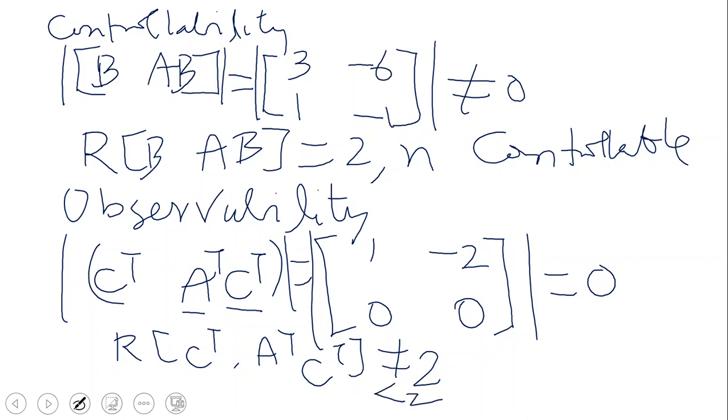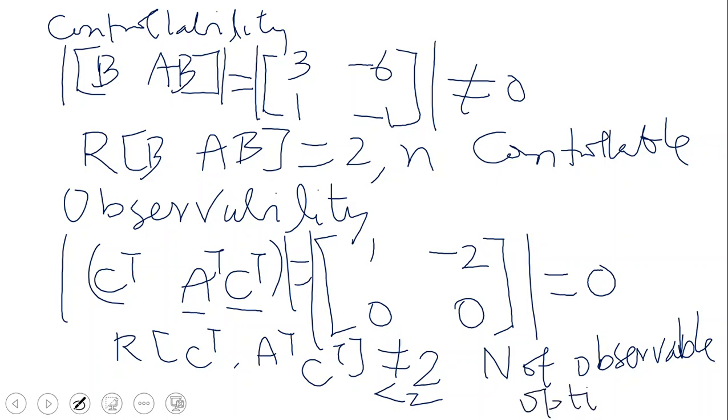Therefore, the system is not observable. So the system is controllable, not observable. Which option is it? Option A is coinciding. Therefore, option A is correct.